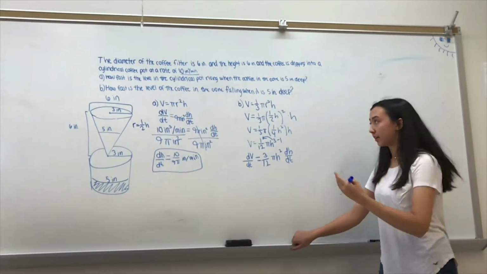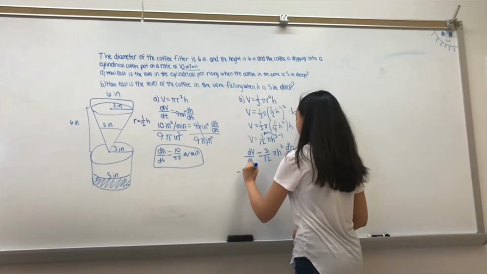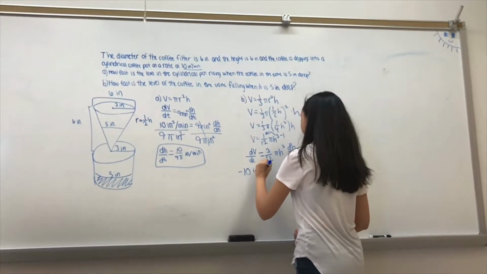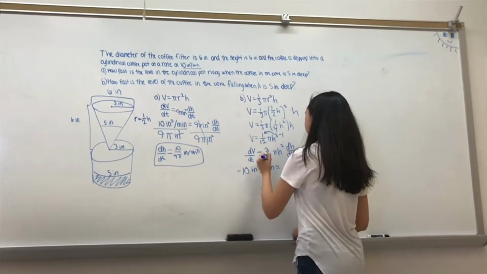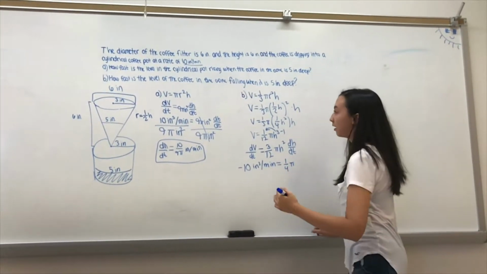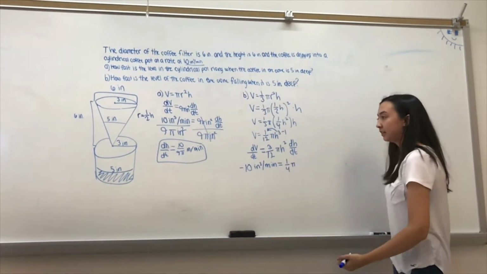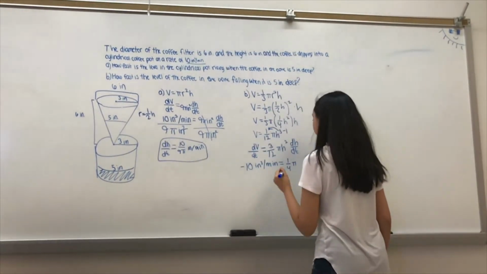But since it's dripping out of the filter, it's going to be negative 10 inches cubed per minute. Then 3 over 12 can be reduced to 1 over 4 pi, and we're asking how fast the level is falling when it's 5 inches deep. This means that our height equals 5 inches.